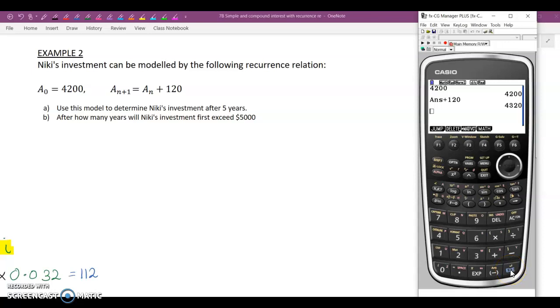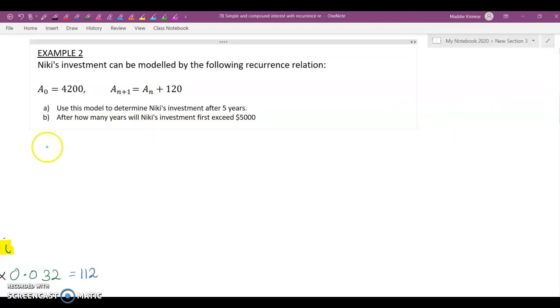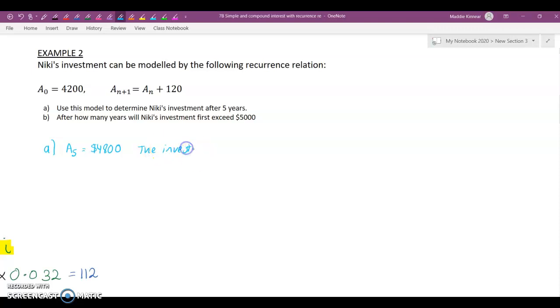Okay, that's 4,320. A2, A3, A4, and A5. So you just press the equals button 5 times to get to this value. So we can see then that our answer is going to be A5 is equal to $4,800. So the investment is worth $4,800 after 5 years.